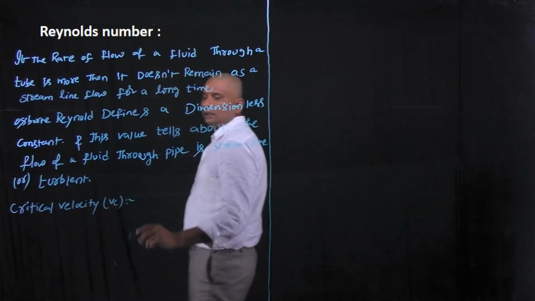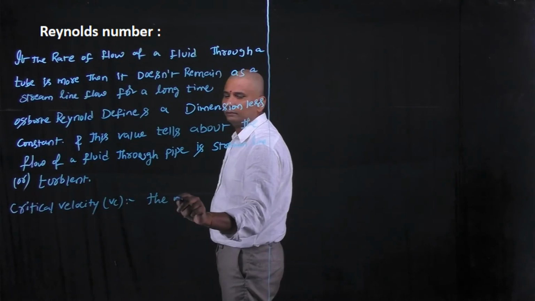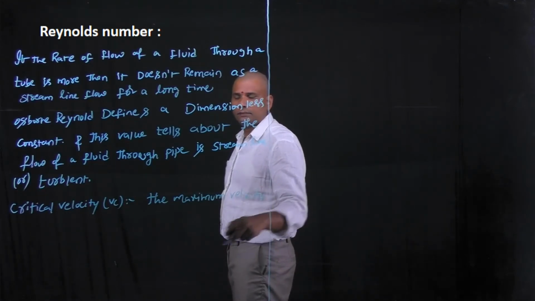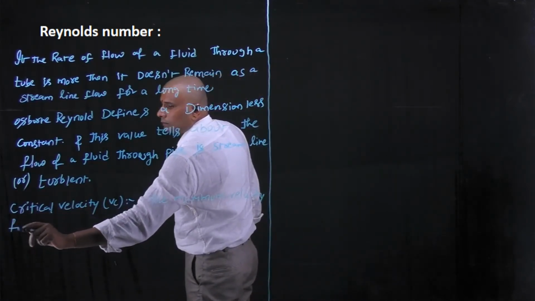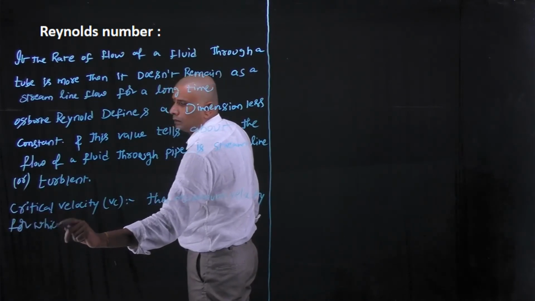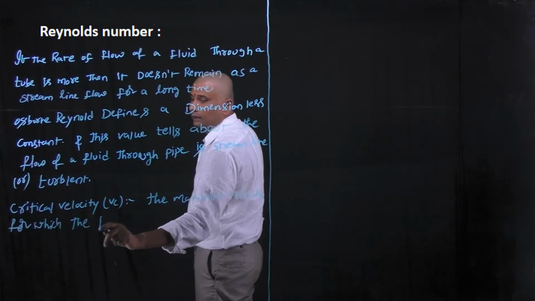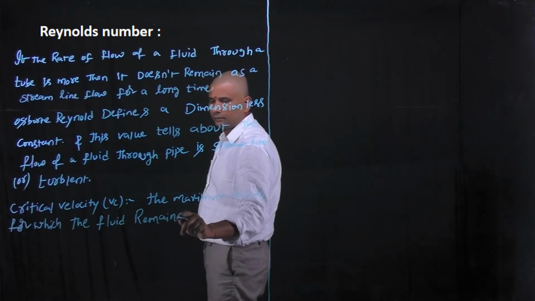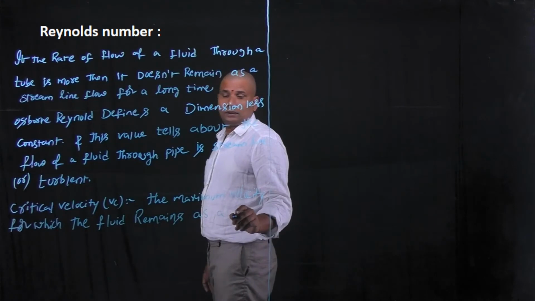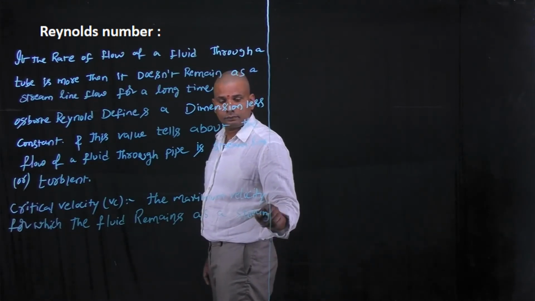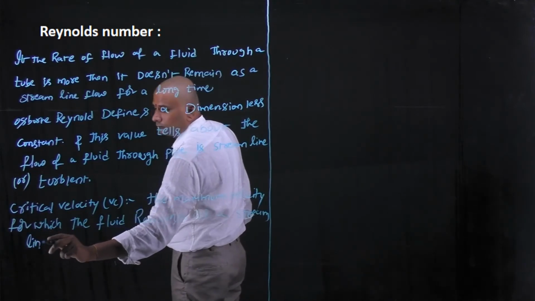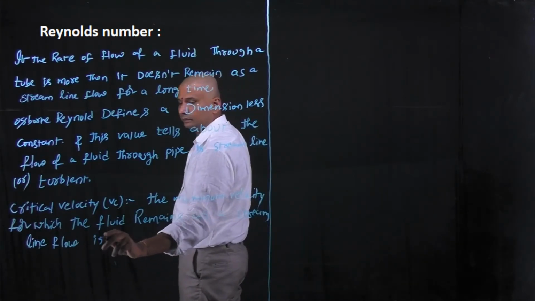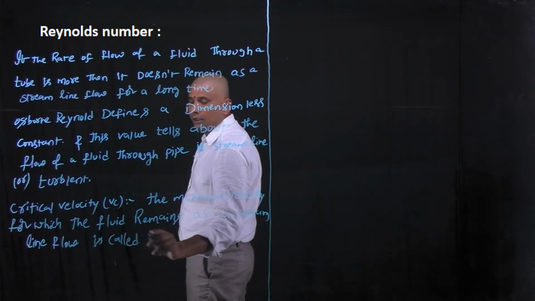It means the maximum velocity for which the fluid remains as a streamline flow is called critical velocity.